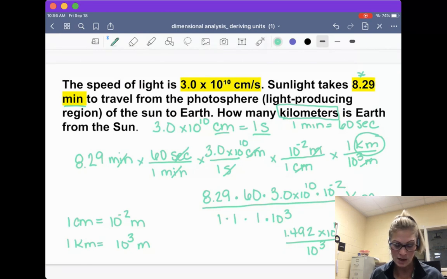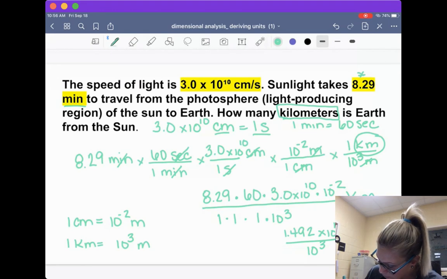Again, I'm using the second comma to get that E, so we can write 1.492 E11 in the calculator, so we don't screw up the order of operations there. All right, and we get a final value of 1.492 times 10 to the 8.